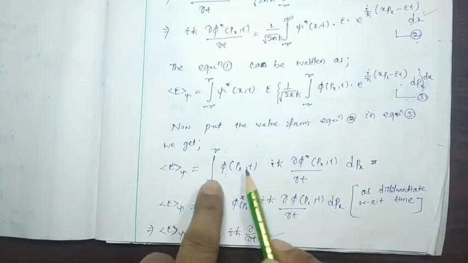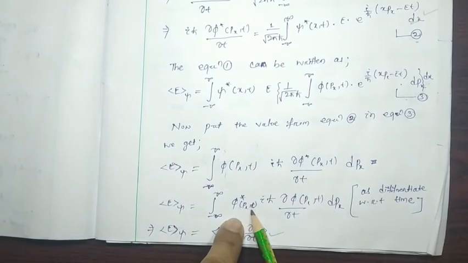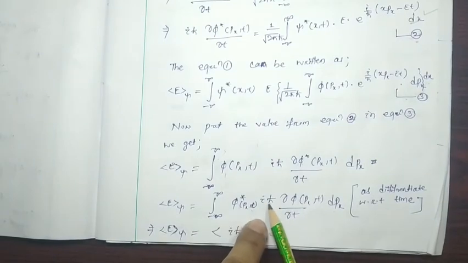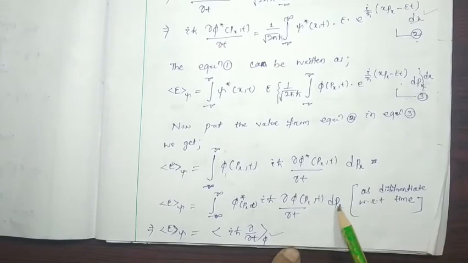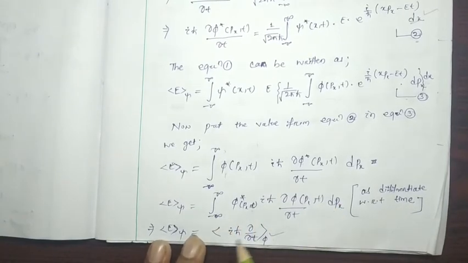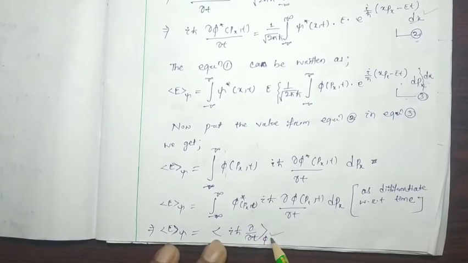That means this line can be written as phi star px t, i h cross del phi px t by dt del px. So hence this is nothing but i h cross del by del t of phi. That means the expectation value of E in coordinate space will be i h cross del by del t in momentum space.